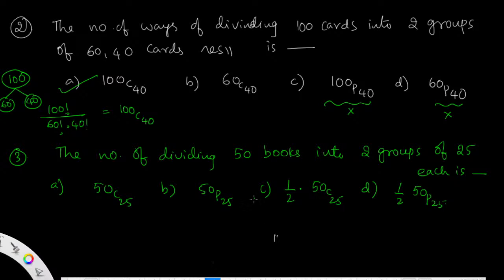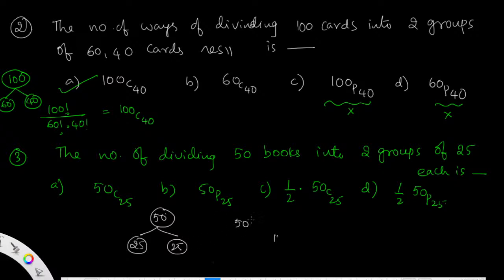Option C is the only correct one. Why? Because 50 books can be divided into two groups of equal size, 25 and 25. For groups of equal size, we divide by 2 factorial.